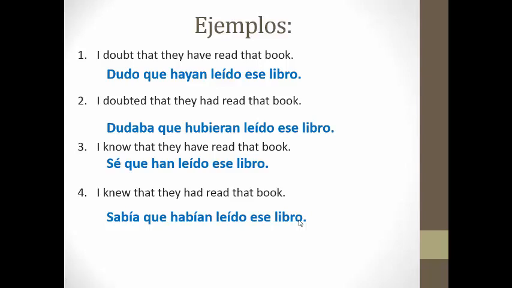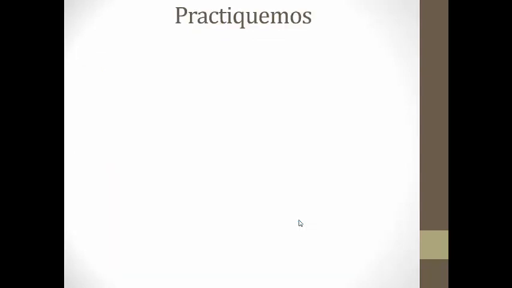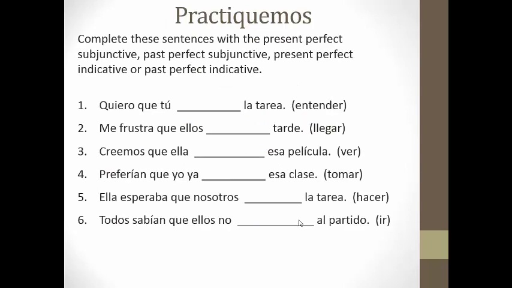Okay. Now, let's go to our practice problems and see if we can identify when we need subjunctive, when we don't, and then when we need the present perfect subjunctive and when we need the past perfect subjunctive. Okay, here's our practice problems. Our directions tell us, please complete these sentences with the present perfect subjunctive, past perfect subjunctive, present perfect indicative, or past perfect indicative.